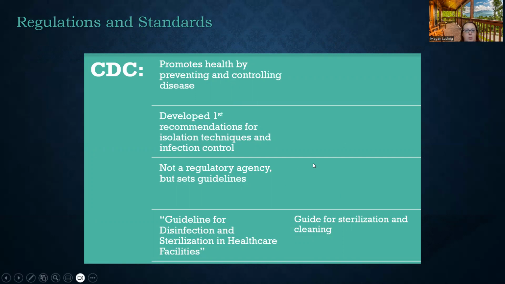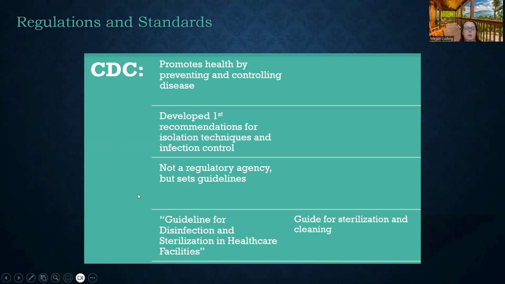First thing is that they developed the first recommendations for isolation technique and infection control. So they've set those guidelines and standards that we should follow to isolate something that is contaminated, prevents the spread, which is infection control. Okay, so they're not necessarily what we call a regulatory agency. So they don't set laws by any means, but they set guidelines that could affect laws, that could affect the other regulatory agencies.